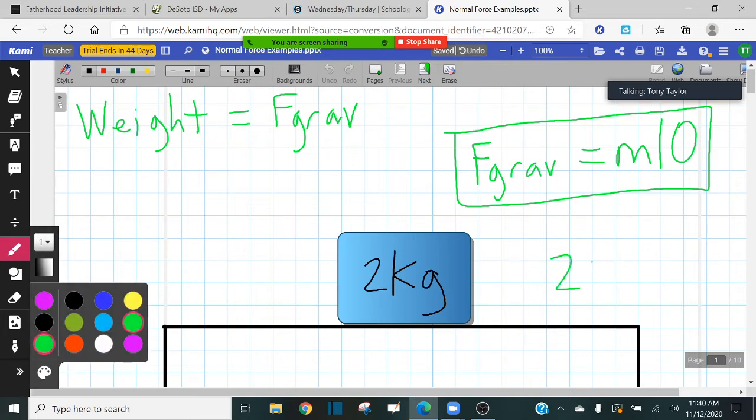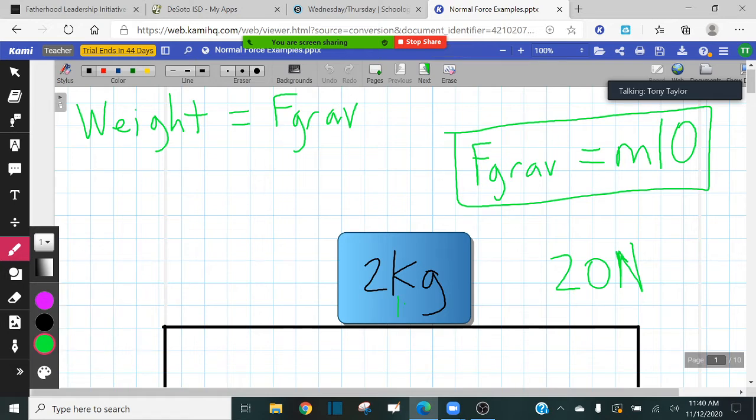So 20 newtons of force is the weight of the block. In other words, that's how much gravity is pulling downward on this block here. So the force of gravity is 20 newtons of force, which is equivalent to its weight. Okay, so keep that in mind, guys. It's important that you know how to use this equation to calculate the force of gravity acting on your object, because that's going to appear a lot in this course.